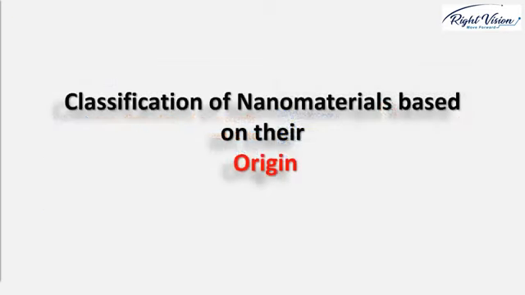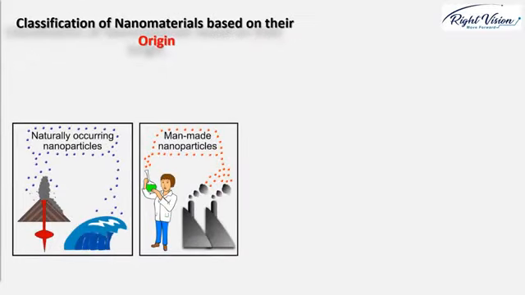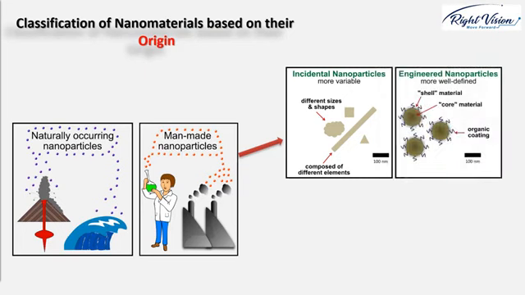Classification of nanomaterials based on their origin. Nanomaterials can come from nature, and they also could be man-made. I briefly hit this one in section 1, if you remember. Nanomaterials can be classified as natural or synthetic based on their origin. Natural nanomaterials are produced in nature either by biological species or through anthropogenic activities.